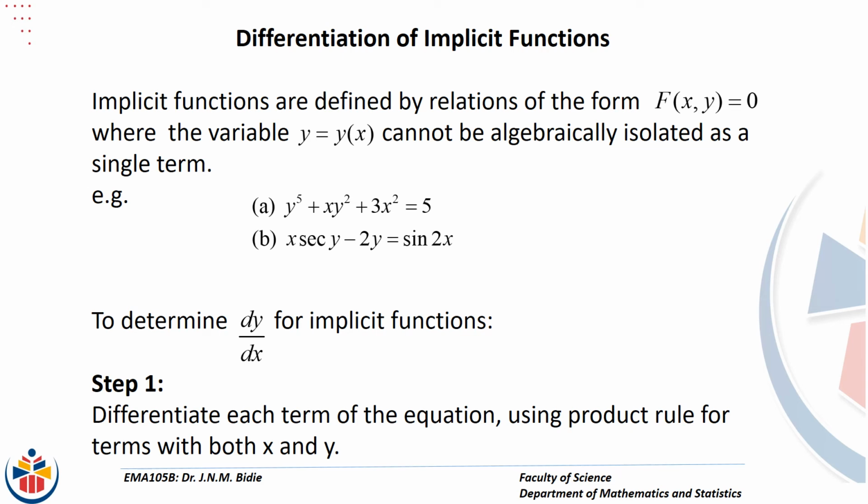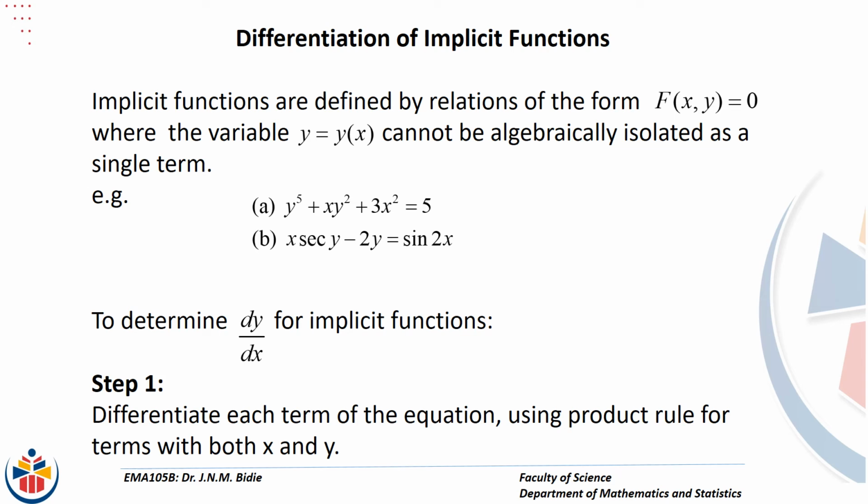Then it means we have a function of 2 variables that you cannot be able to separate. And they follow a different format when it comes to differentiation. Note that you will always be asked to find y prime or dy over dx for those functions.